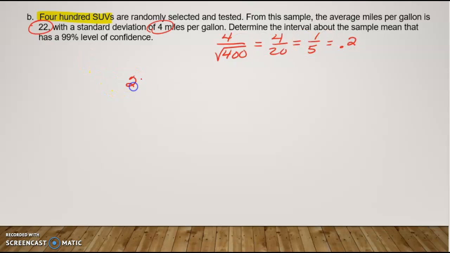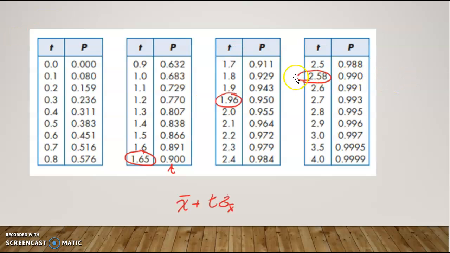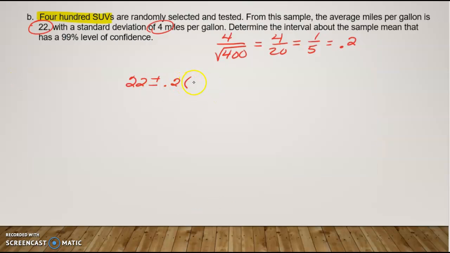So in this case, you've got 22 plus or minus the 0.2 times, and again, it's that 99% level of confidence, so it is still from the chart 2.58. Okay, so we still have the 2.58.